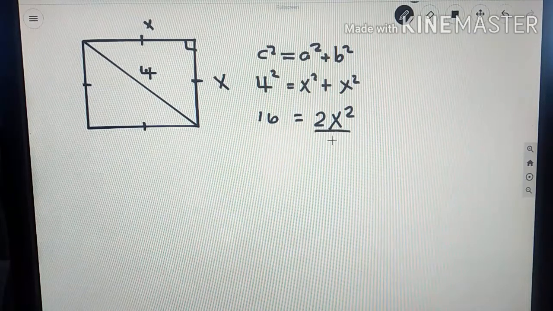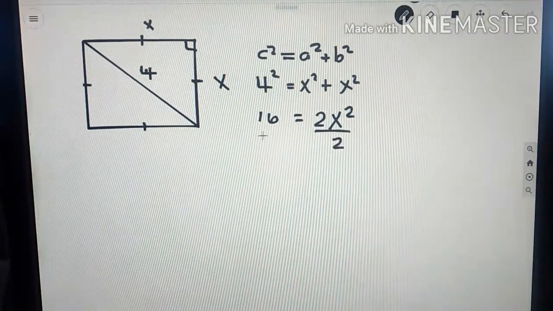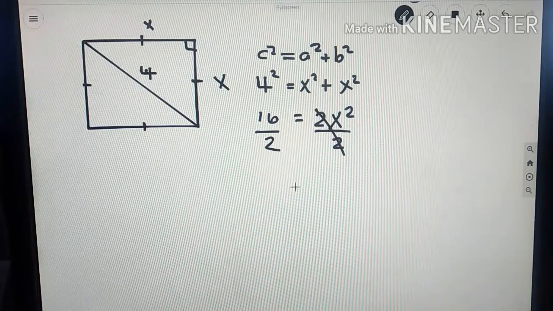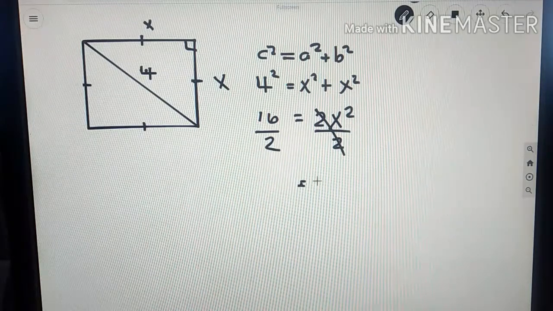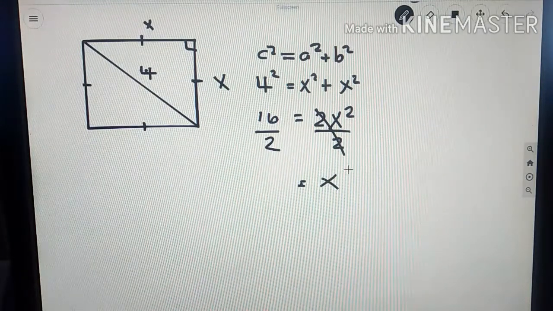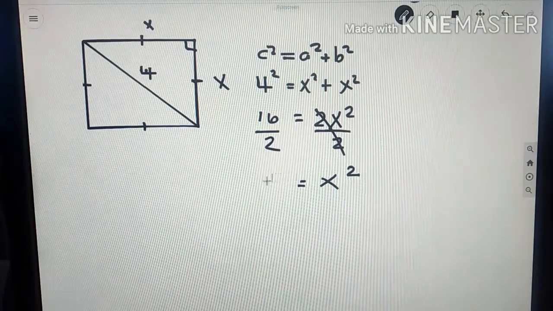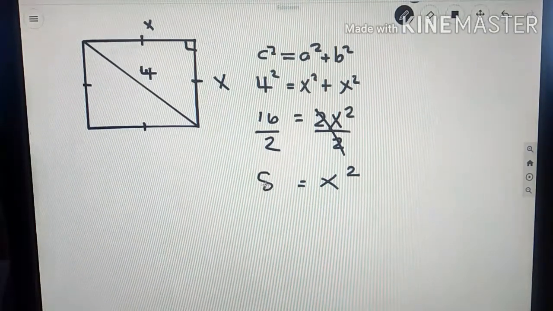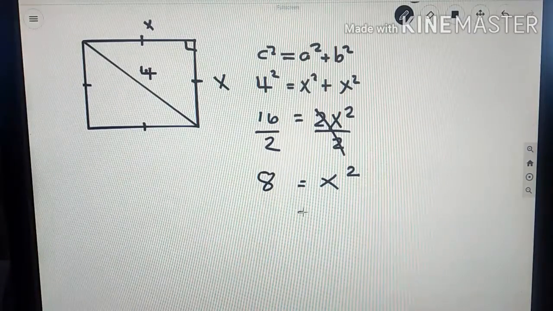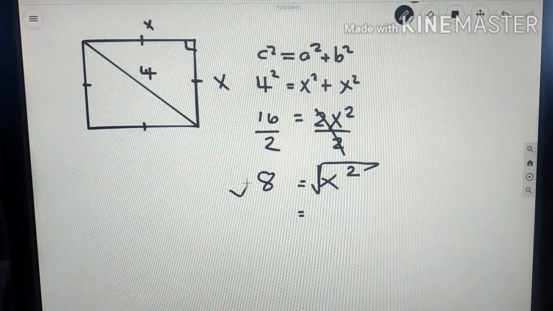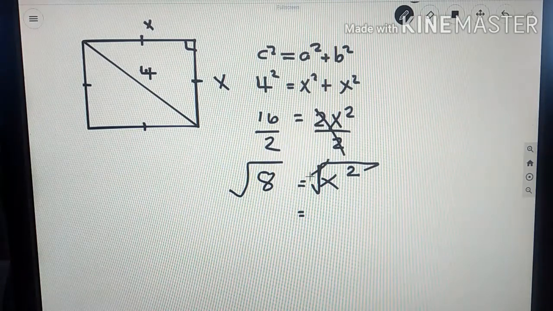Next, divide it by 2. Cancel out, so remaining x squared. This will be 8. So extracting the square root, remember, cancel out the square.